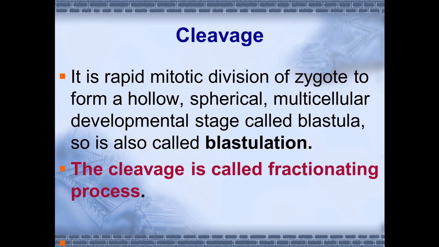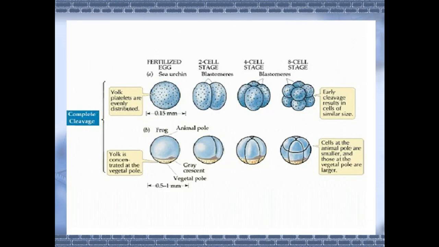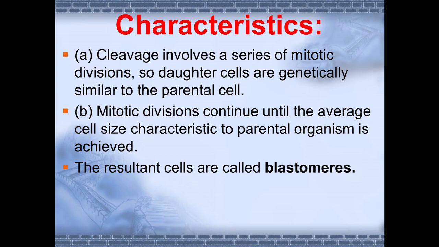This cleavage is a fractionating process. We can see the diagram. There is a division into 2, 4, 8, 16, 32, like this the division takes place, and this is the cleavage.